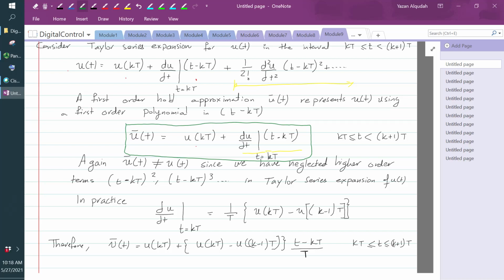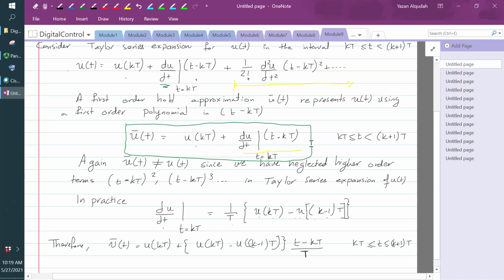Okay, so in order to estimate u of t, we need to get the derivative, this du by dt here. And one way we can implement this is to calculate the slope, u of kT minus u of (k minus 1)T, divided by T. This will give me the derivative at t equal to kT.